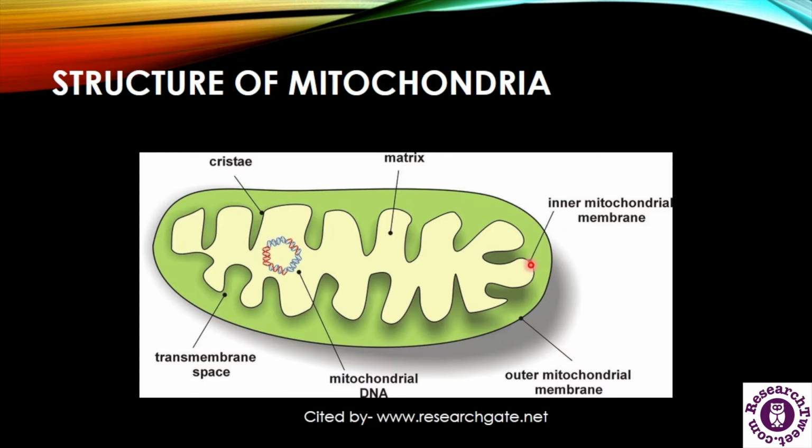In between these two membranes there is a space called the intermembrane space, and inside the inner mitochondrial membrane there is a fluid-like structure called the mitochondrial matrix. It is an important structure of mitochondria because it is the site for different cellular activities. The mitochondrial matrix consists of mitochondrial DNA and also cristae and some ribosomes in its structure.